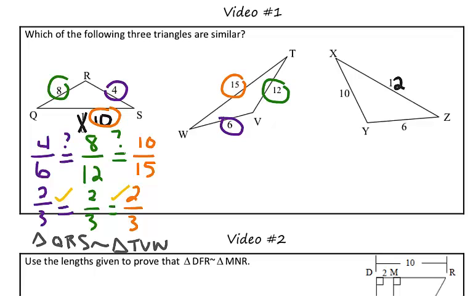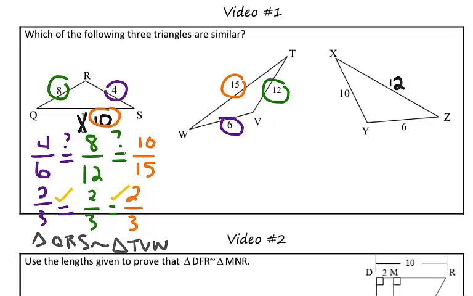Okay, well, we've checked the first two, but now there are others to check. So, taking a look at our next example, let's go ahead and compare triangle TVW with triangle XYZ. In a similar fashion, we want to start with the smallest side.